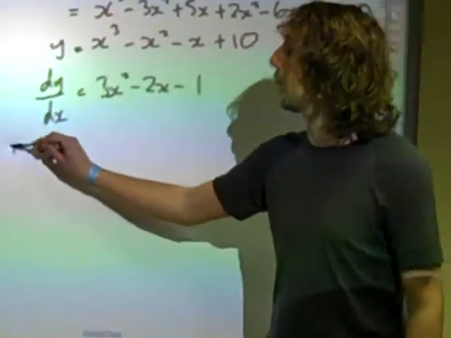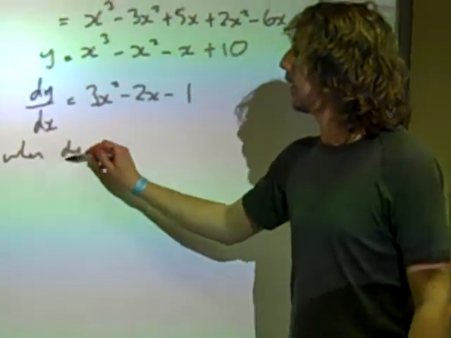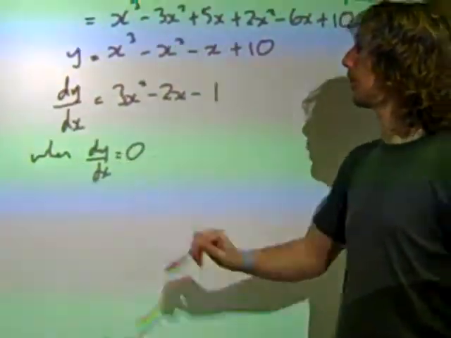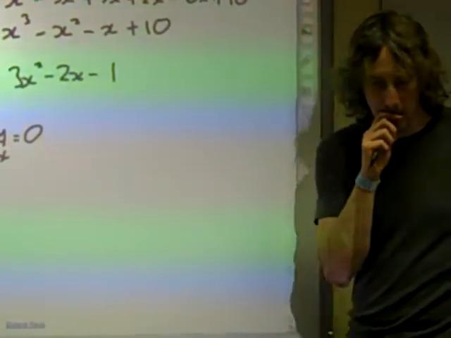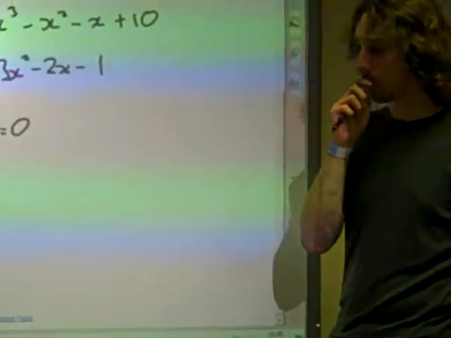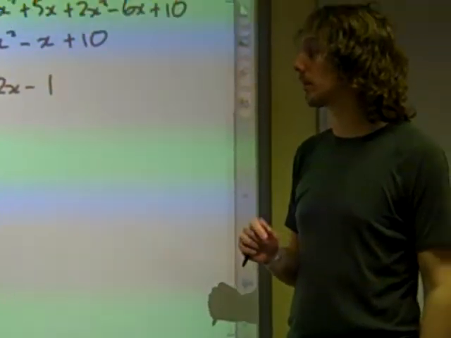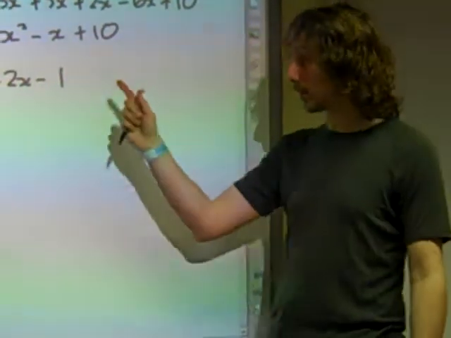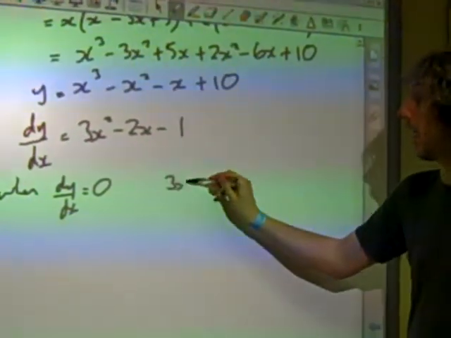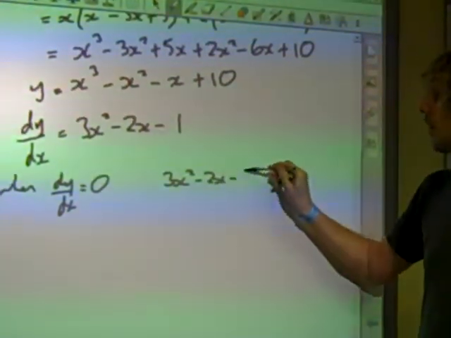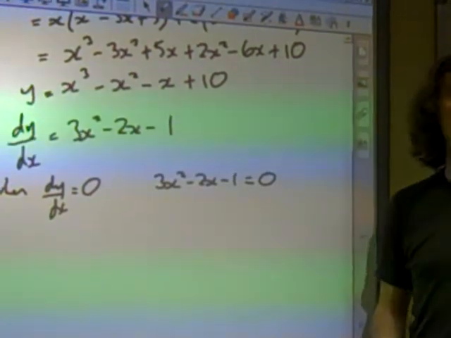So we now need to say what happens when dy by dx is equal to 0. So this, we need to factorise this. That would be 3x squared minus 2x minus 1 equals 0.